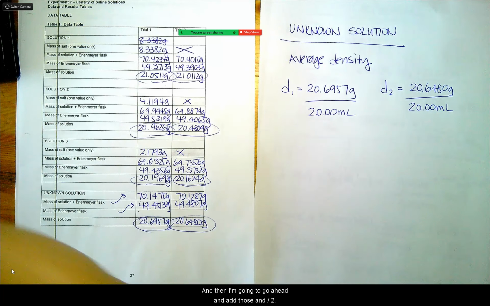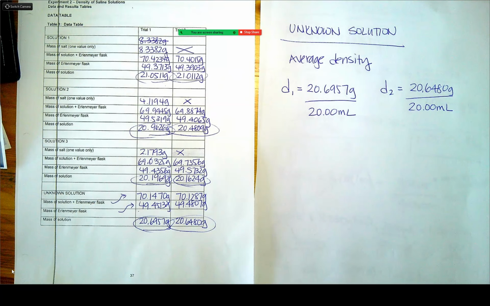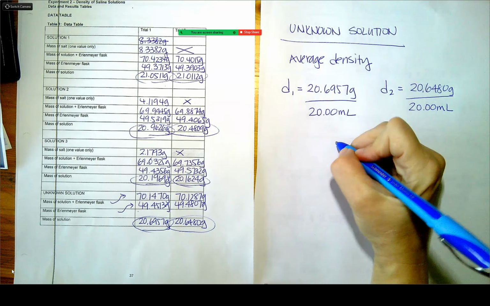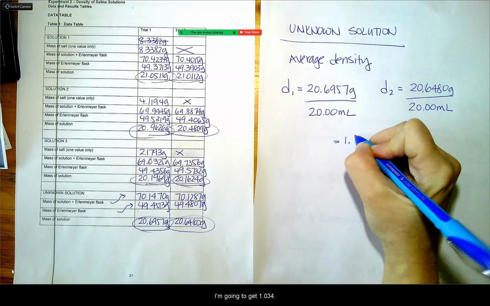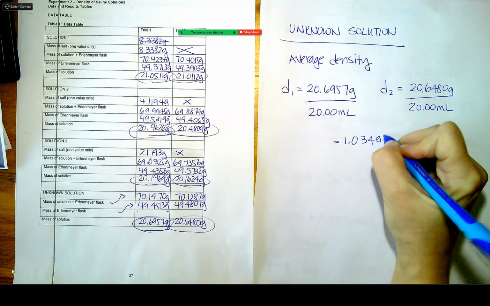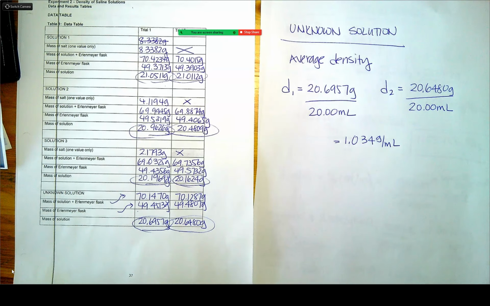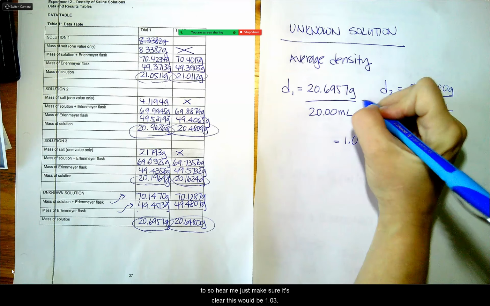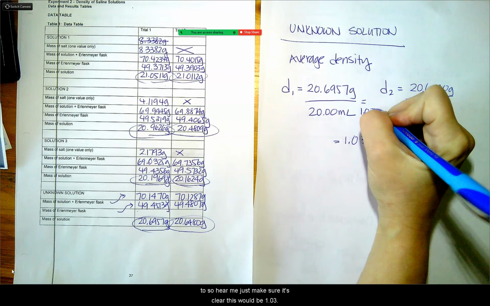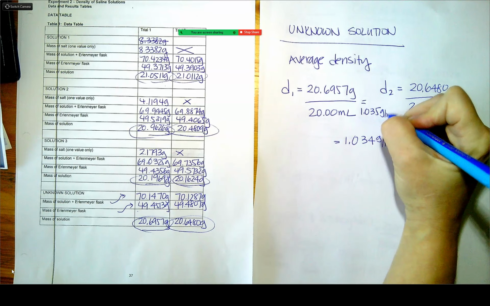And then I'm going to go ahead and add those and divide by 2. If I add those and divide by 2, I'm going to get 1.034 gram per mil. Here, let me just make sure it's clear. This would be 1.035 grams per mil.